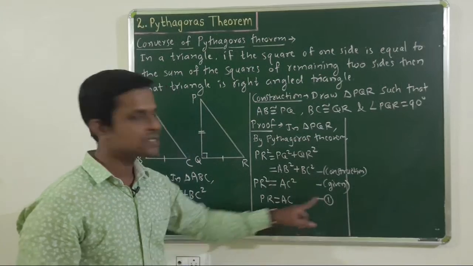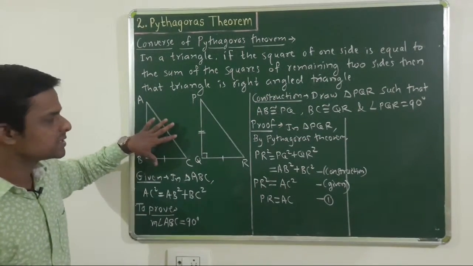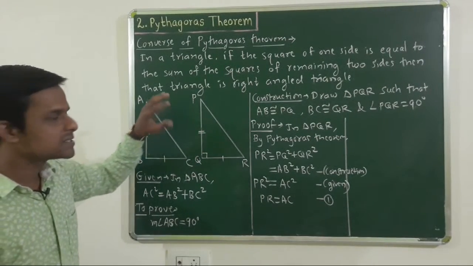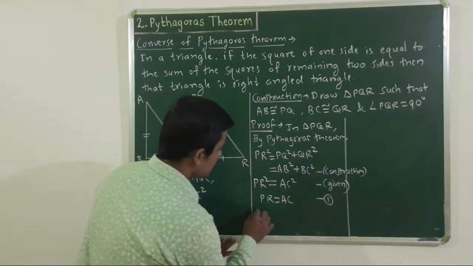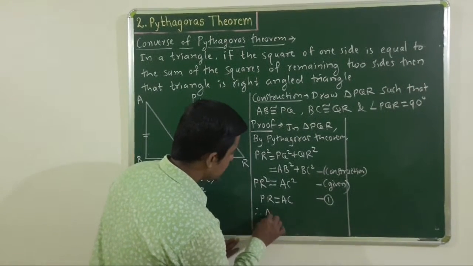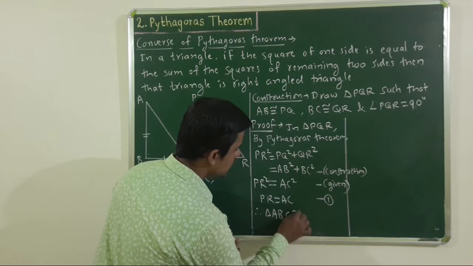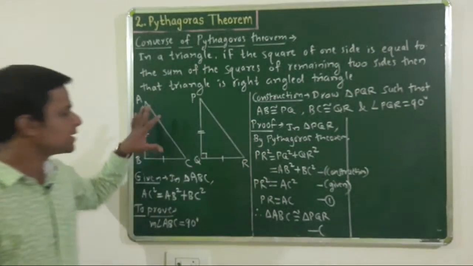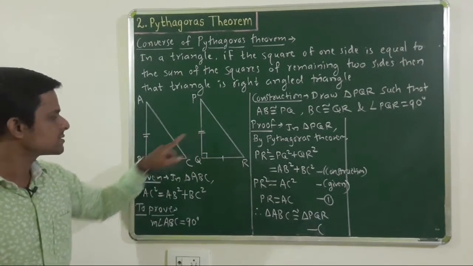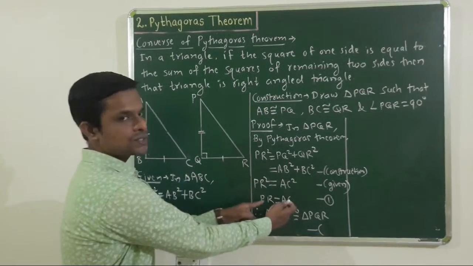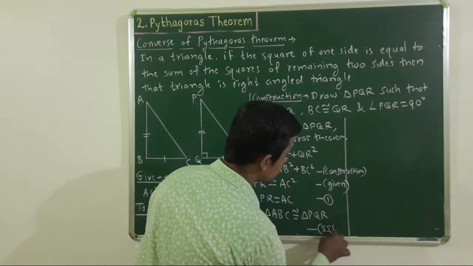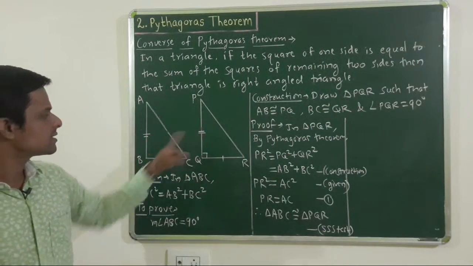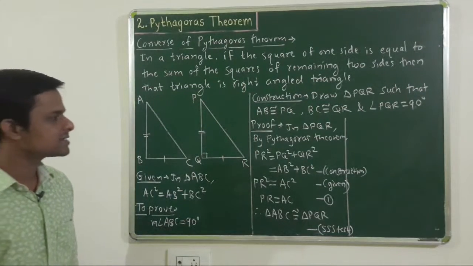Hence, triangle ABC is congruent to triangle PQR by SSS test, that is side test.